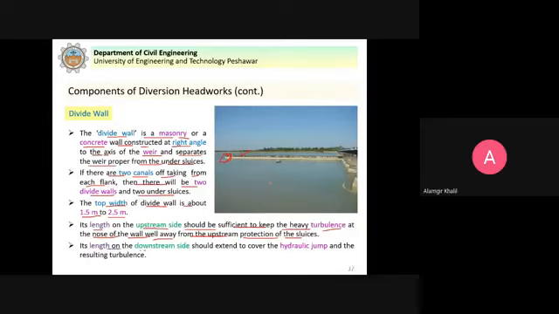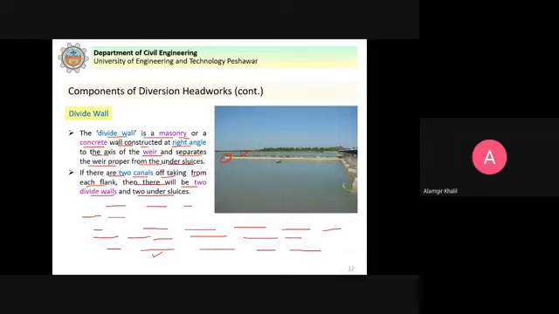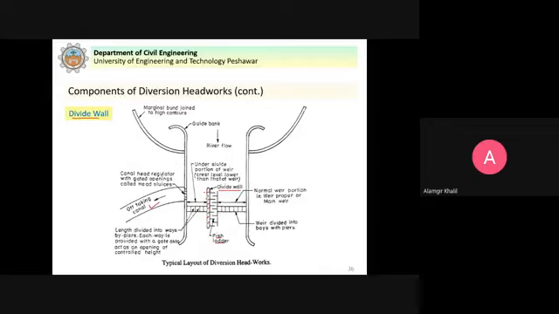Its length on the downstream side should extend to cover the hydraulic jump and the resulting turbulence. So you can see here that it has length on the upstream side as well as on the downstream side.